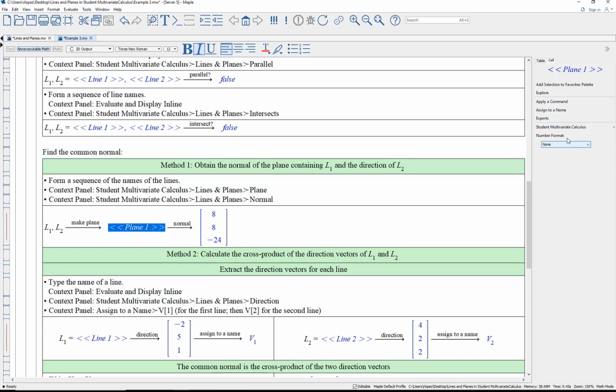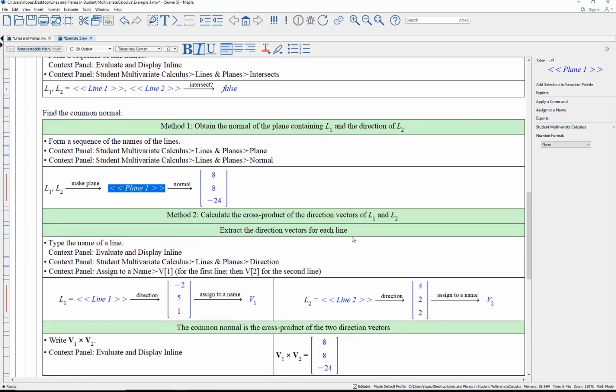You query the plane object for its normal, and you get the normal. A second method would be the way you would do it with a pencil and paper. You take the cross product of the vector directions for the two lines. So let's see how you would do that.